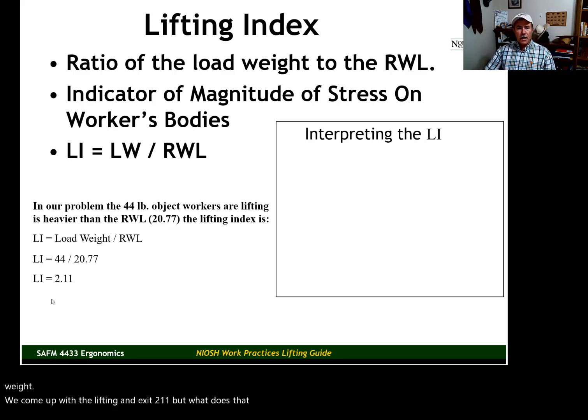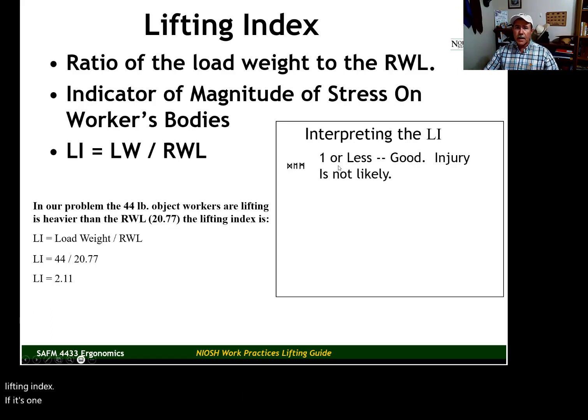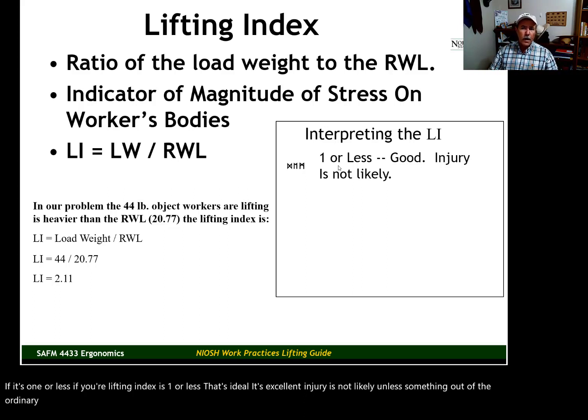Well, NIOSH gives us some guidance on how to use the lifting index. If our lifting index is 1 or less, that's ideal. It's excellent. Injury is not likely unless something out of the ordinary occurs. But if it's 1 or less, we're good.